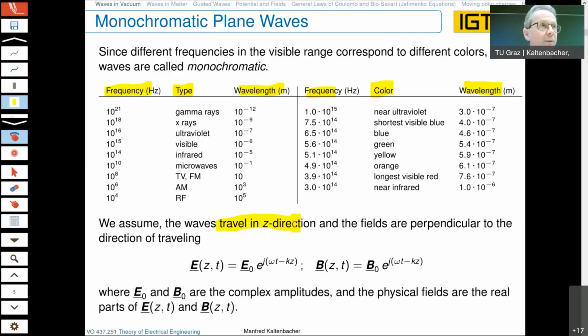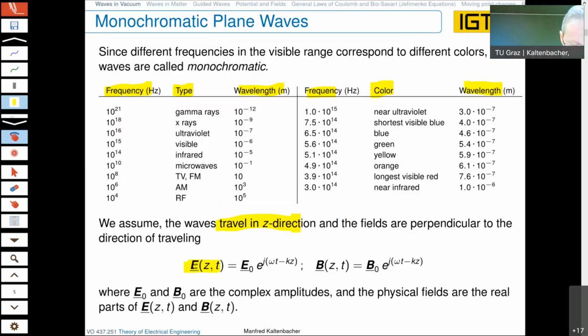So we go to the frequency domain, or let's say we make this frequency ansatz, where we have our complex value of the electric field, and we always know that in reality we are always in time domain. That is just a mathematical construction. Taking the real part gives us just a time domain solution.